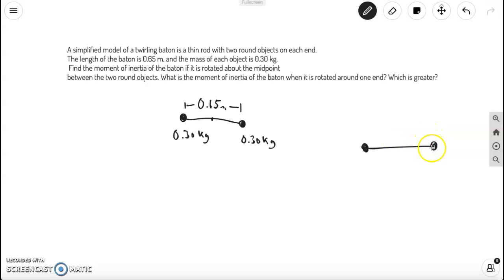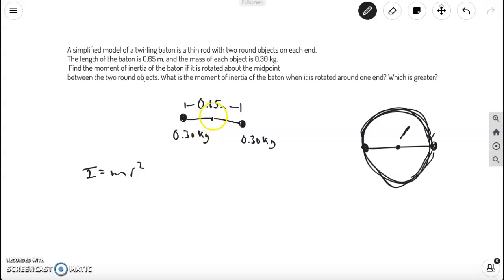So if we're spinning it clockwise, let's say, and this is our axis of rotation, all of our weight is just on the outside of this shape. So really, this is the same as if it was a hollow hoop, because there's no weight on the interior here. So our equation for a hoop is that basic I equals mr squared.